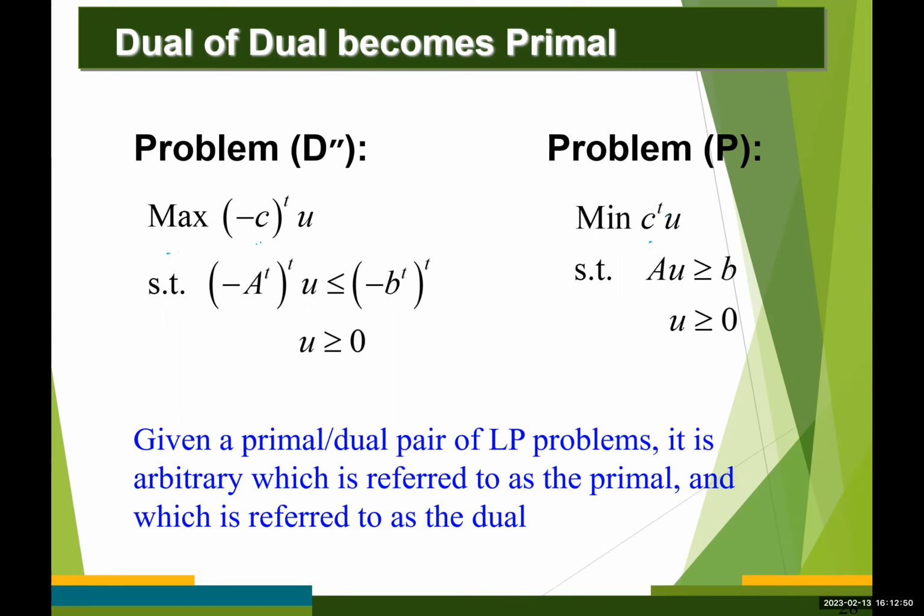And also negating both sides of a less than or equal constraint produces a greater than or equal constraint, right? So we can conclude that given the primal dual pair of LP problems, it is truly arbitrary which is referred to as the primal and which is referred to as the dual, okay?